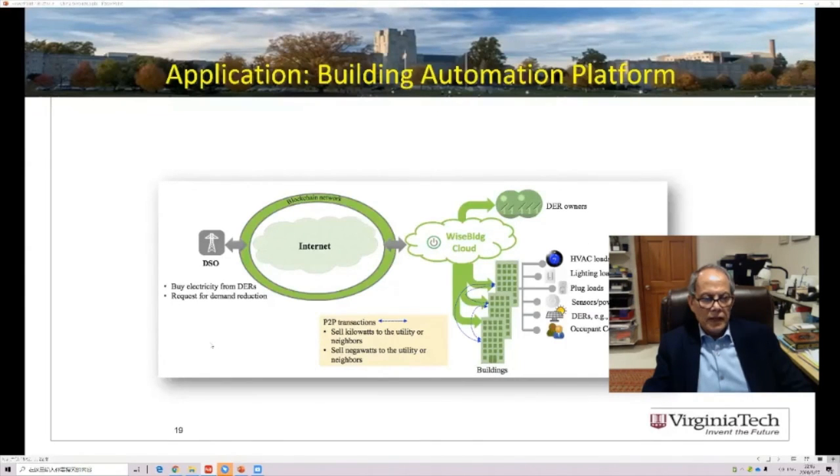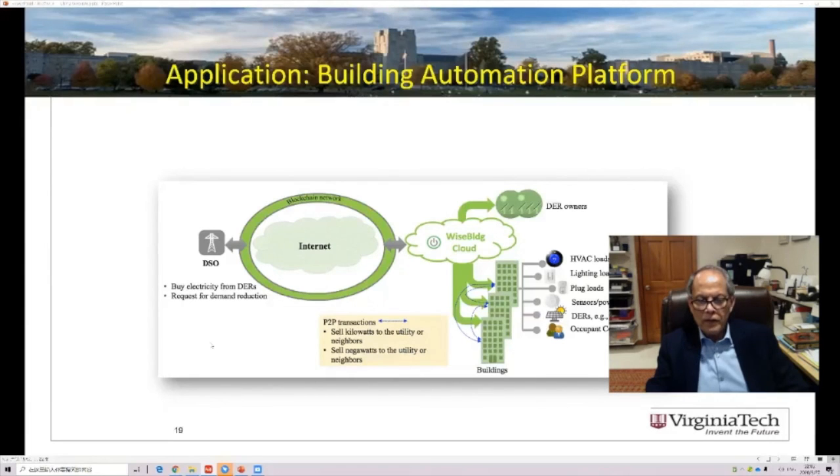And this slide shows application of a building automation platform, meaning each building you saw over there has this thing inside the building. Okay, if you see the right-hand side, I have the black and blue circle, HVAC, heating, ventilation, air conditioning load, lighting load, plug load, power meter, rooftop solar, and occupant comfort.